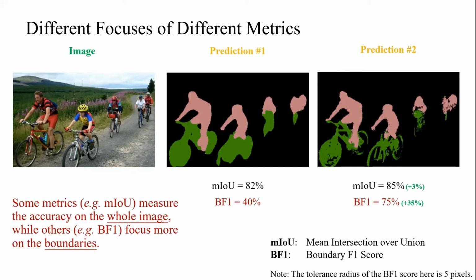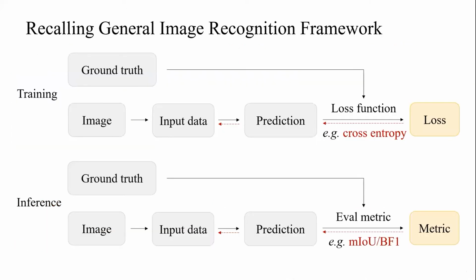Since different metrics focus on different aspects of the segmentation quality, we need to use proper evaluation metrics in different scenarios. However, during training, some default loss functions are commonly used, such as the cross-entropy loss. During inference, we choose different evaluation metrics according to the requirement of the application scenario.